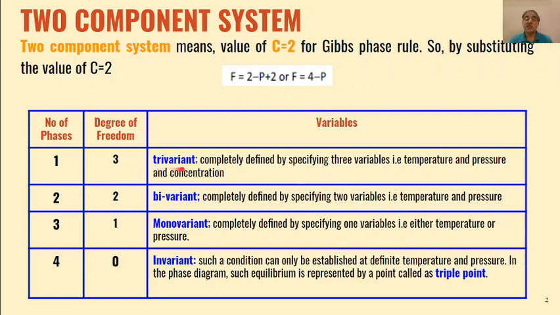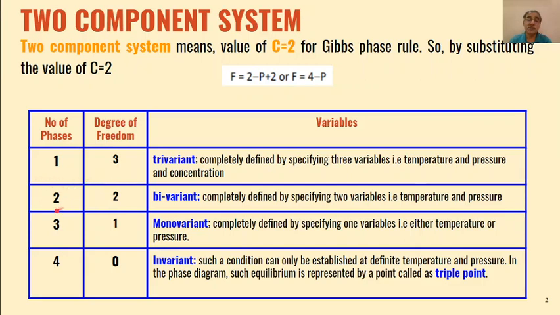That means that system will be a trivariant system, and if we are to define that system, then three variables are to be defined, that is temperature, pressure and concentration. So we require the value for all three of these variables in order to define completely this type of system where the number of phases is 1 and degree of freedom is 3.